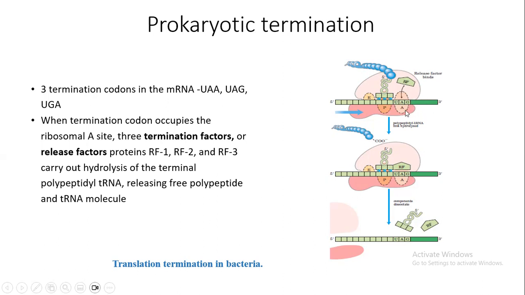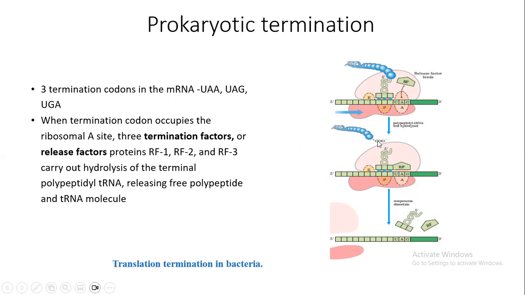Once bound, it brings about hydrolysis of the bond between the carbonyl group of the peptide chain and the transfer RNA molecule, releasing the amino acid or the peptide chain. This results in a deacylated transfer RNA.